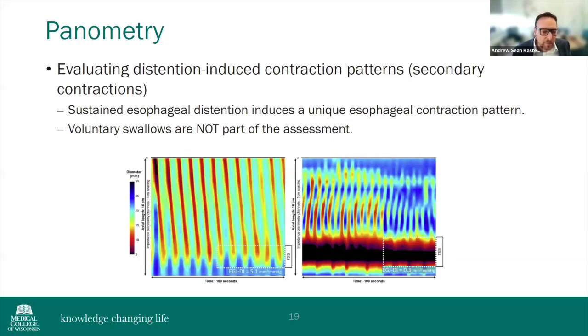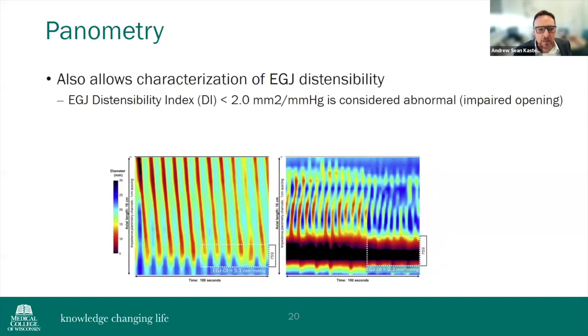So it's a different assessment, but it gives you some unique information. These are just a couple of samples of what some of those patterns might look like. It also still allows you to characterize esophagogastric junction distensibility at the same time.